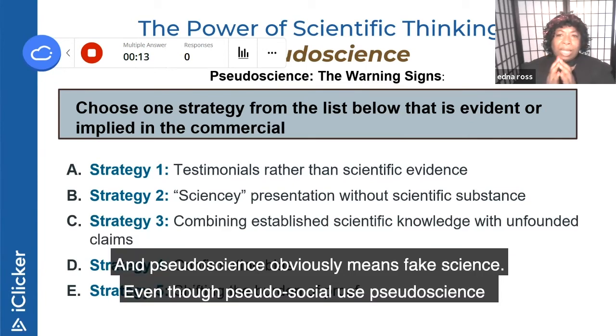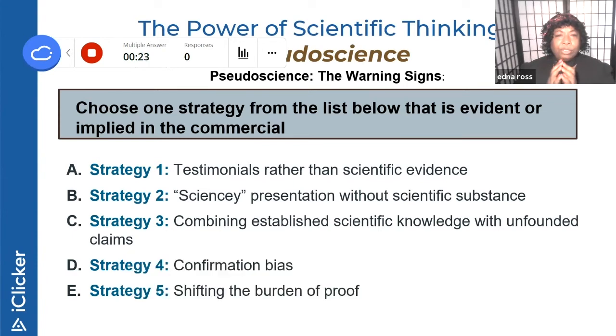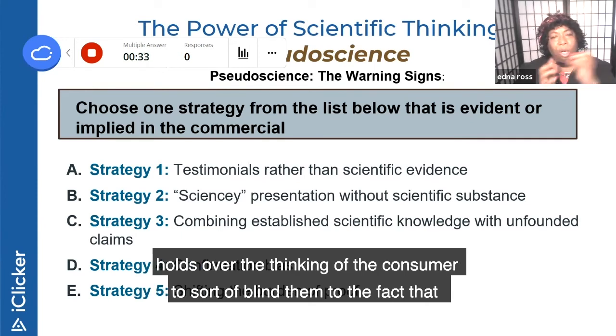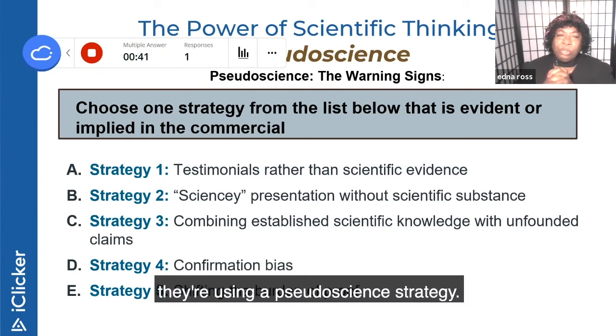And pseudoscience obviously means fake science, even though those who use pseudoscience depend on the power of scientific thinking and the power of science and the power that holds over the thinking of the consumer to sort of blind them to the fact that they're using a pseudoscience strategy.